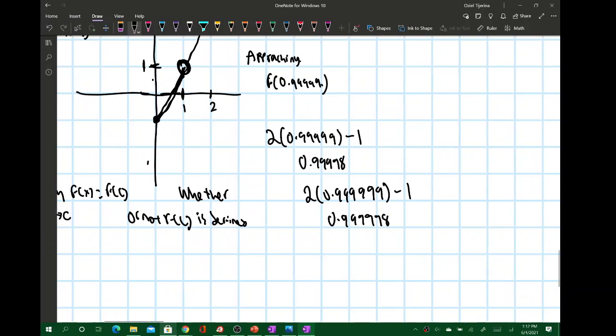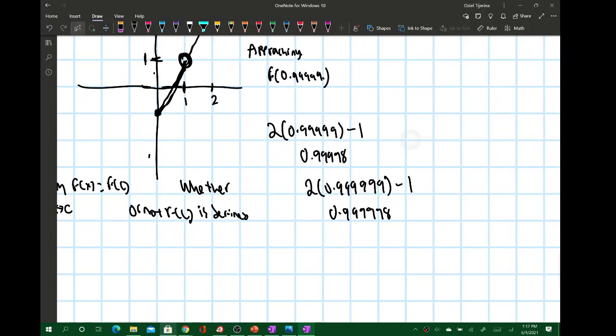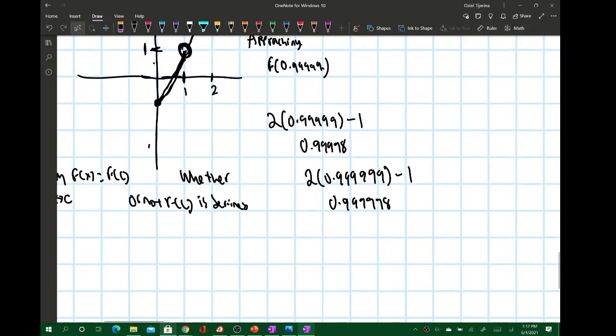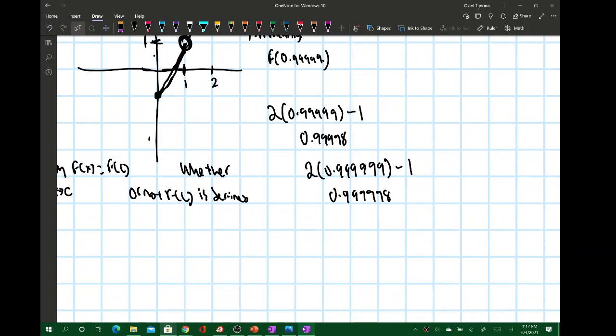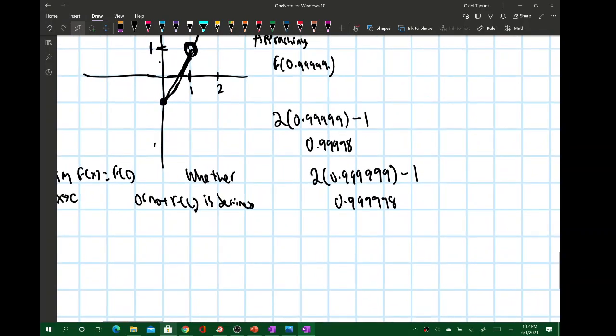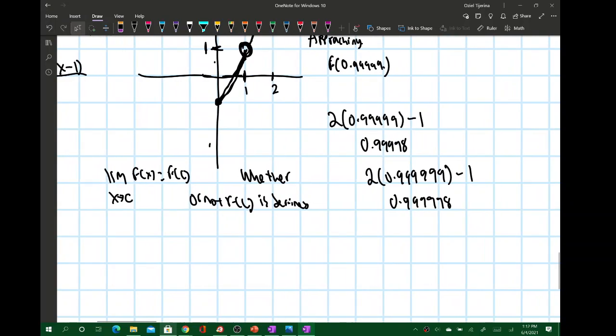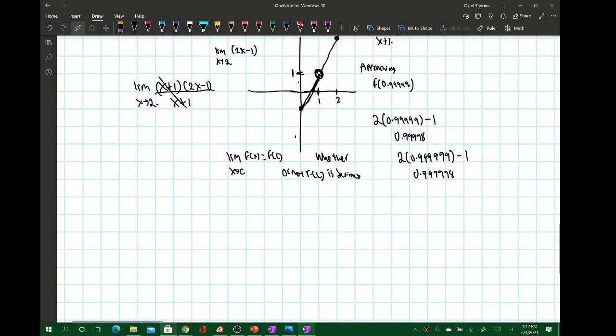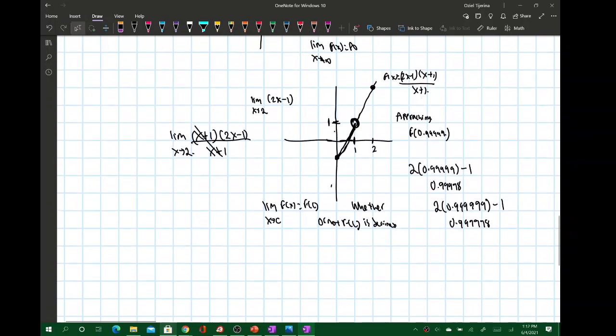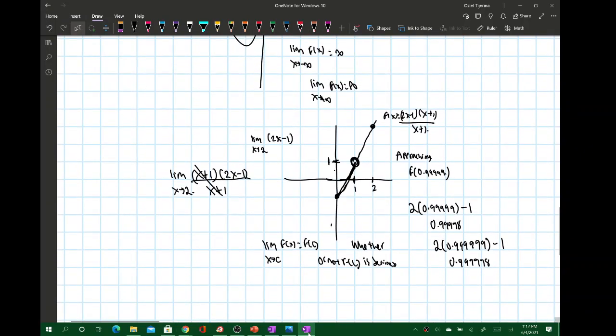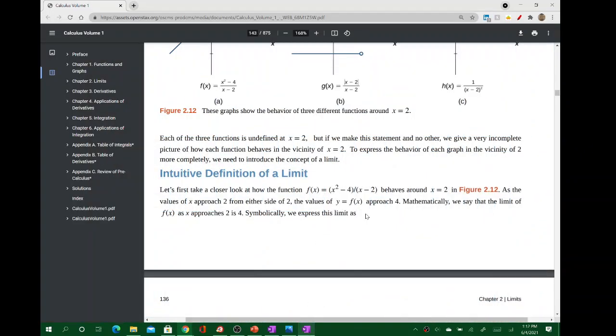And that's basically what it's going to be. And that's what this problem is saying. That's what this all means.